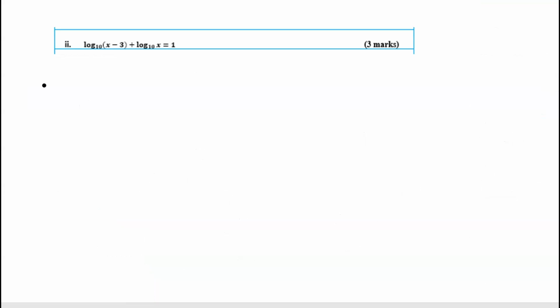The next one also has the instruction of solving for x. Again, we've got to use the rules for logs, so we're going to recognize that 1 is equal to log to the base 10 of 10, because remember, logs are powers. So we're just going to write that.